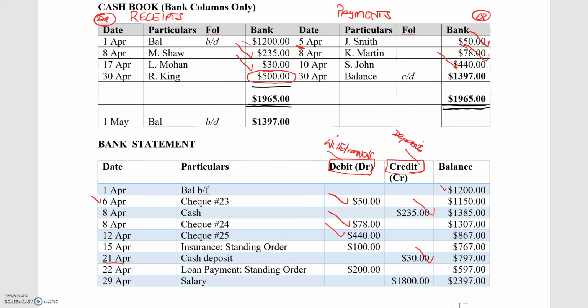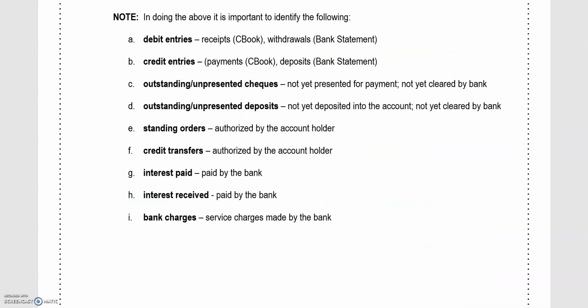If we look at the bank statement, we see three transactions: a standing order for an insurance payment, as well as a loan payment and a salary deposit, which are not accounted for in the cash book. So where do we go from here?